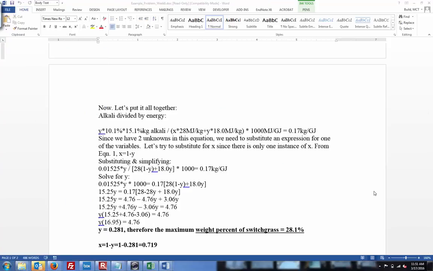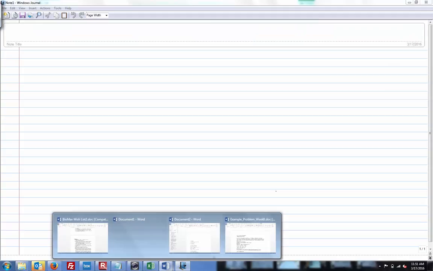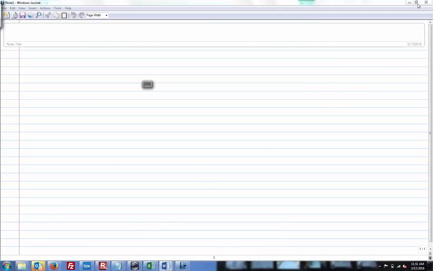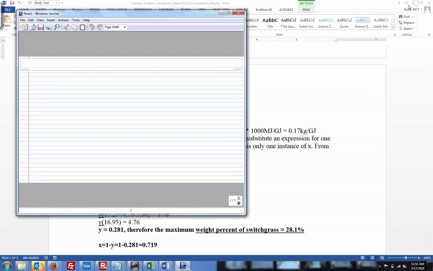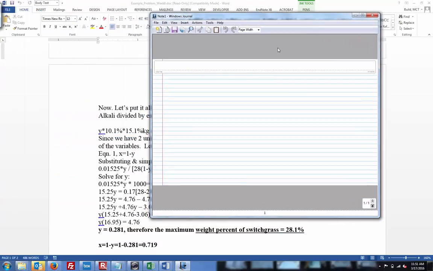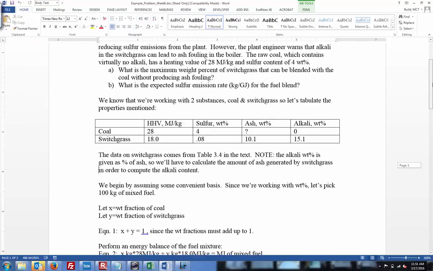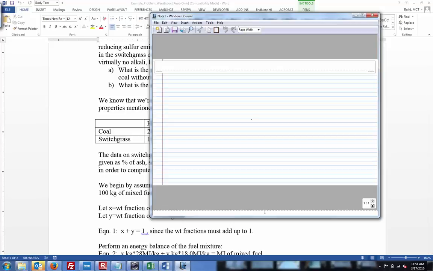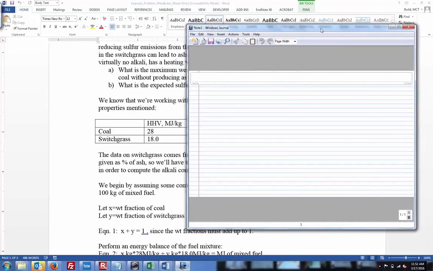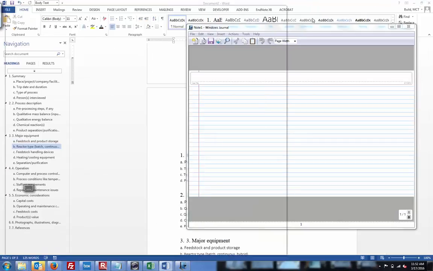So basically, what we're trying to figure out, since we know that the switchgrass has 10% ash content, is what weight fractions can we pump in to not foul with the alkali?